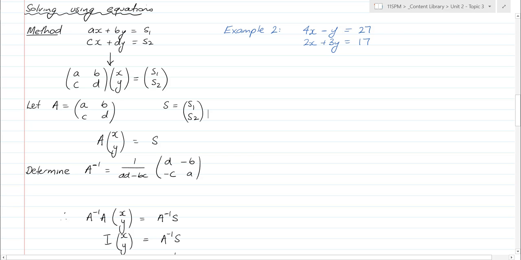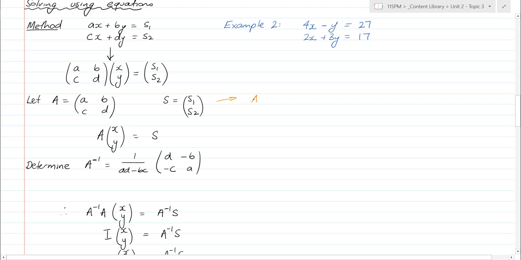So we've got A and S, and we've also got our variable vector, which is sometimes called X. So you might also see this as AX equals S. Now remember, we know S, we know the solutions, we know the coefficients, we just don't know x and y. That's what we're trying to find. So if we can rearrange this, we can find x and y.